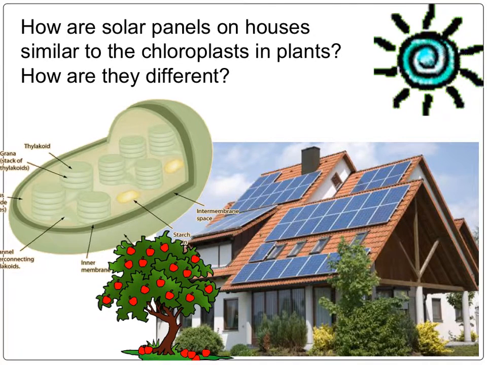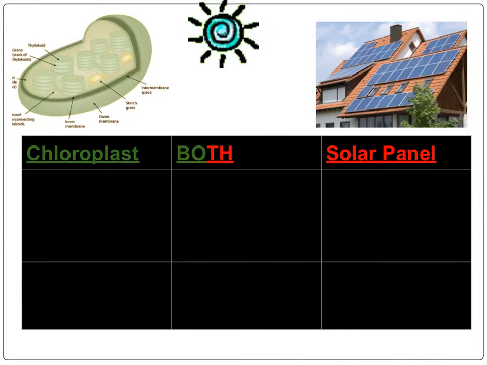It's helpful to compare some things that you might be a little more familiar with to other things that you are not familiar with, such as chloroplasts to, let's say, solar panels on houses. How are solar panels on houses similar to the chloroplasts in plants, and how are they different? Well, let's refer to this comparison chart.